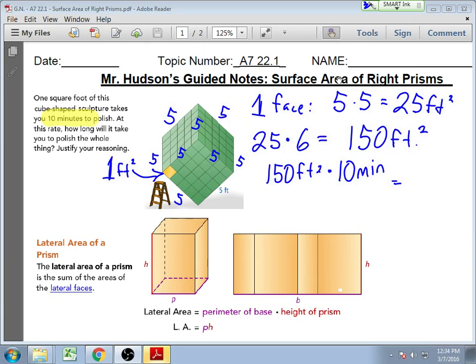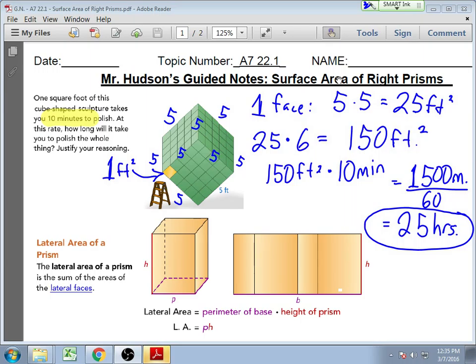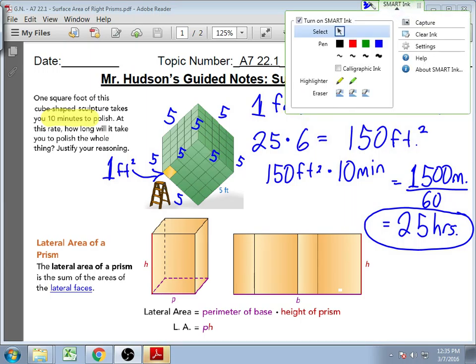And that is going to give me a total of 1,500 minutes that it would take me to polish that entire thing, which if I divide by 60, we get that this is 25 hours. So to convert from minutes to hours there, we just say there's 60 minutes in an hour, and that gets me to 25 hours. So if you did this nonstop and you were doing it alone, it would take you over an entire day, which is pretty crazy to think about.